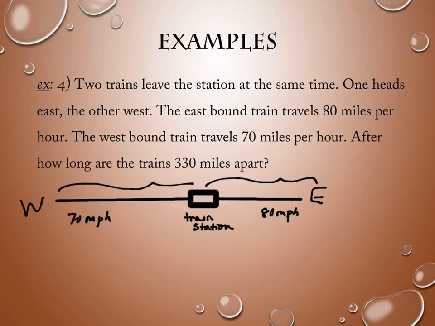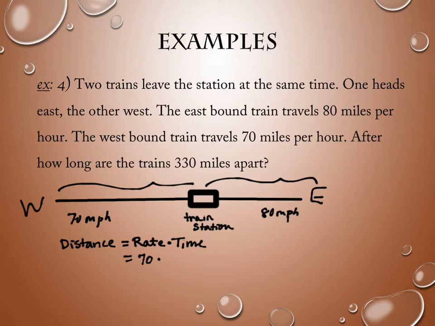So on the first one, what is the distance that the westbound train goes? Well, their rate is what? It's 3. No, that's not their rate. That's the miles we're going to get in the end. The rate's 70. And we don't know how much time they're going to travel for, right? That's actually what we're asked to find.